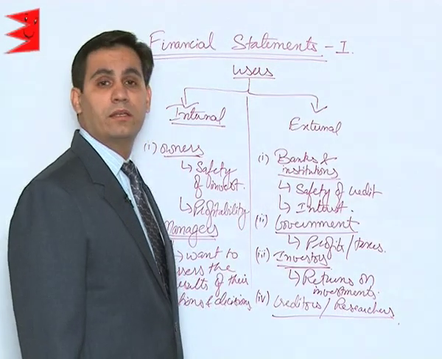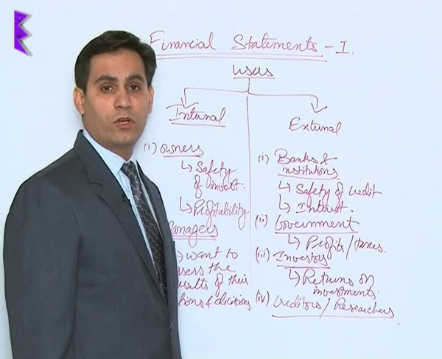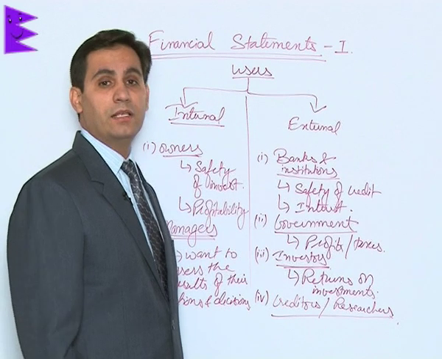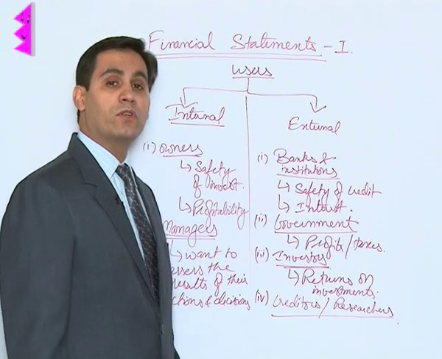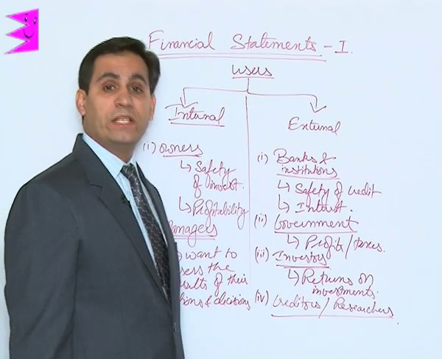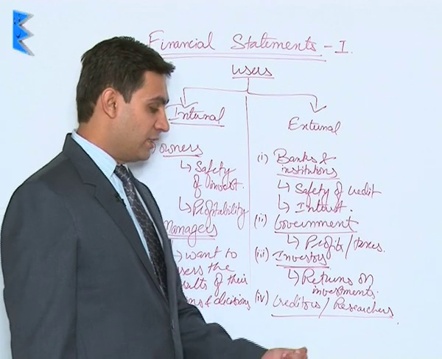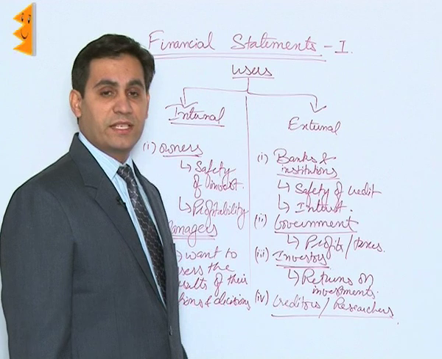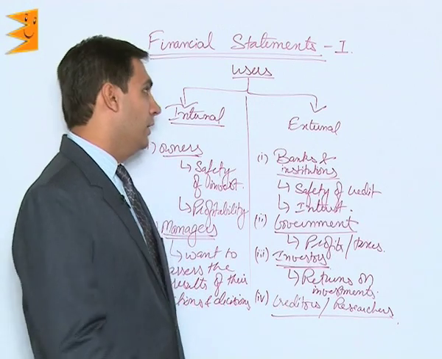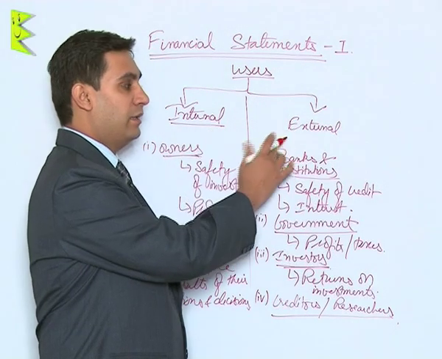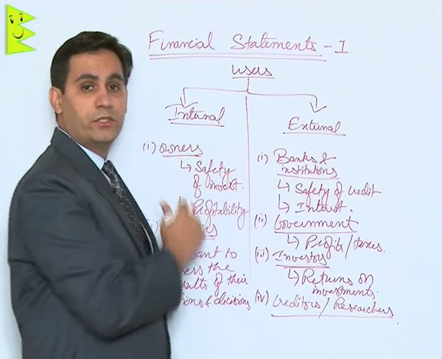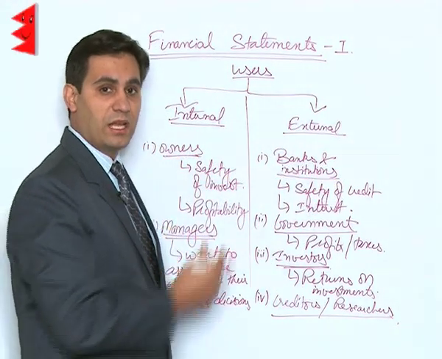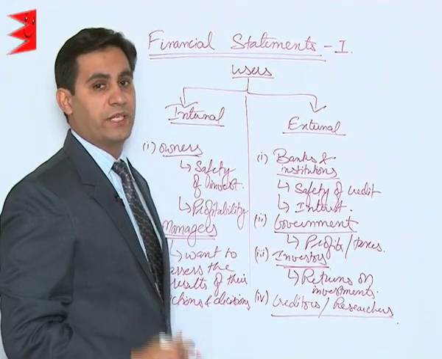On the other hand, researchers, chambers of commerce, they are interested in knowing about the financial position of the economy, of the industry. So as such, they would want certain information out of your financial statements. So broadly, the users are internal and external users. Internal users from inside the business and external users from outside the business.